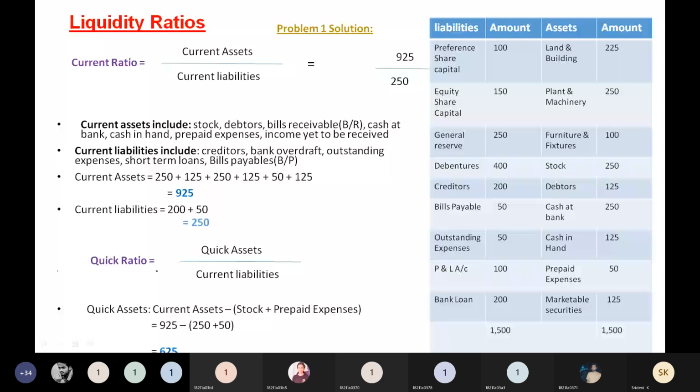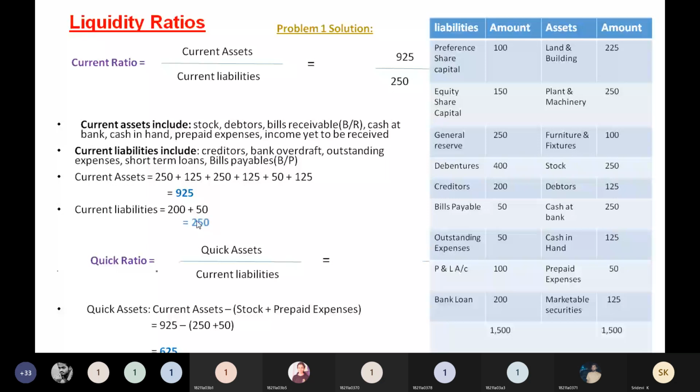Okay. So current liabilities already we have calculated here. I am not showing again here. So take it as 300 here, not 250. So substitute that here. 625 divided by 300 you take here. This is missing here because I have moved this table. Okay.